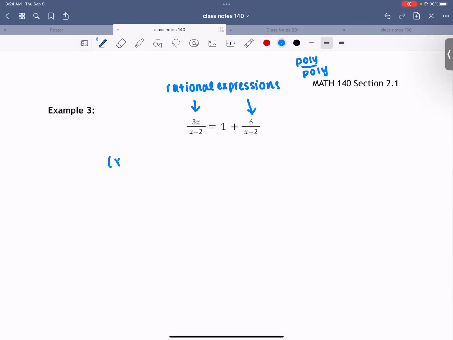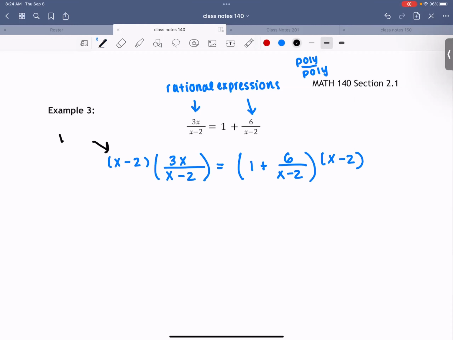I'm going to do x minus 2 times 3x over x minus 2, and then we've got 1 plus 6 over x minus 2 times x minus 2. Okay. And this will surely take out the denominator, okay? What we are essentially doing is multiplying by this thing called the least common denominator.